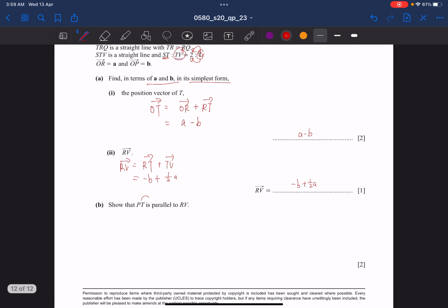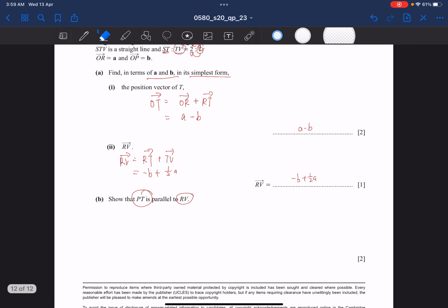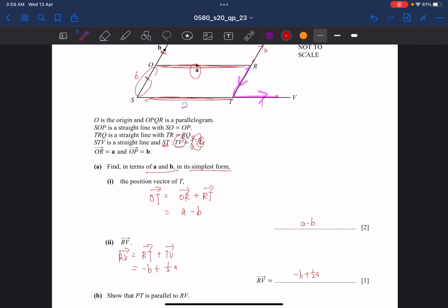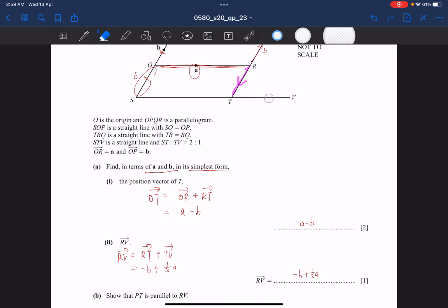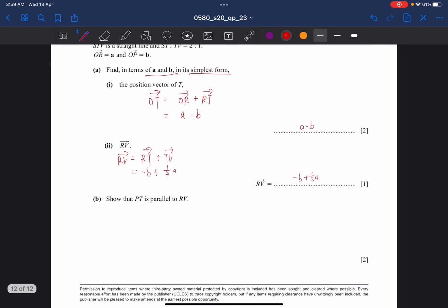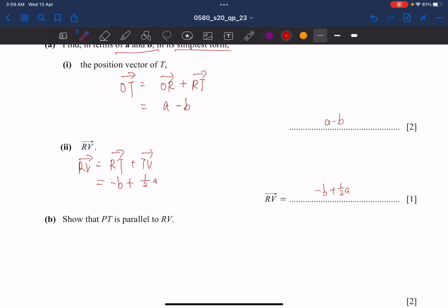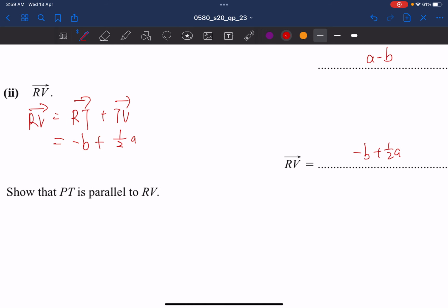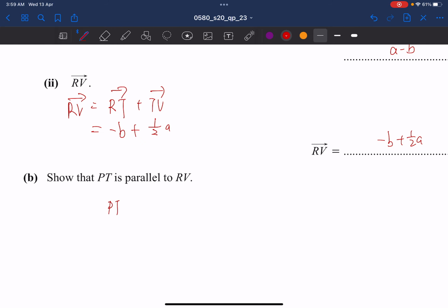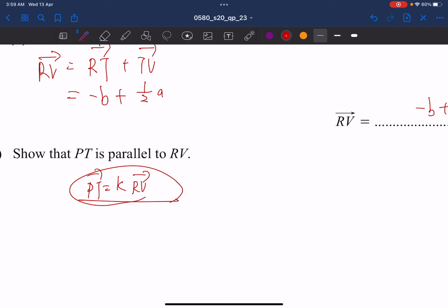Show that PT is parallel to RV. To show two vectors are parallel, you just need to show that one of the vectors can be written as a constant times another vector. So if you can write PT equals some constant times RV, then we are done, and this will prove that they are parallel.